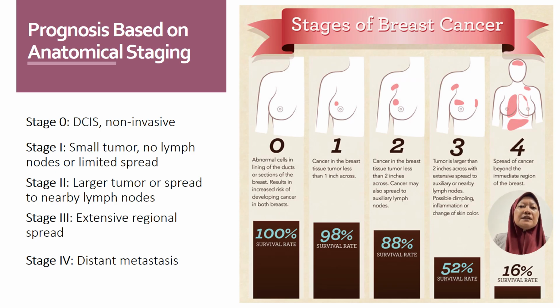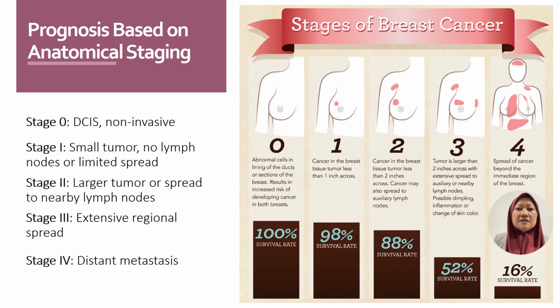Let's deepen our understanding of breast cancer anatomical staging. As you can see here, stage 0 is characterized by ductal carcinoma in situ, which is non-invasive. At this stage, cancer cells are confined to the duct and have not spread to the surrounding tissue.